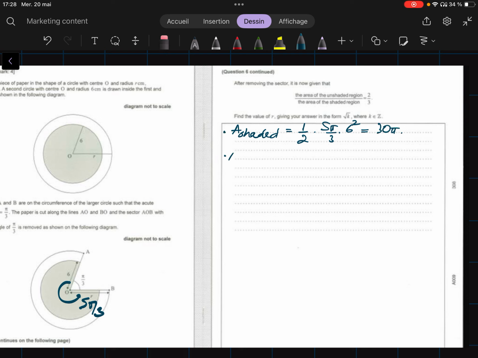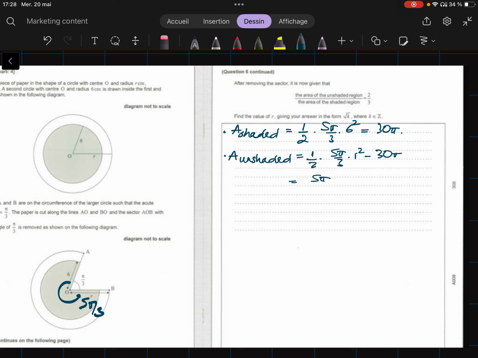The area of the unshaded is going to be the area of the big circle minus the area of the shaded part. The area of the big sector is going to be a half times 5 pi by 3 times r squared. The area of the shaded region, we have found above.